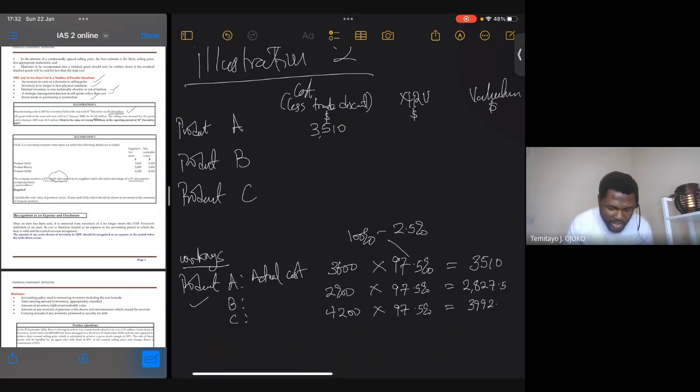Hold on. Yeah? Just a moment. So the company receives a 2.5% trade discount from its supplier, and it has taken advantage of this. Yeah, that's correct. So we are going to have 4,095 times 97.5, which is what? 3,992.6.